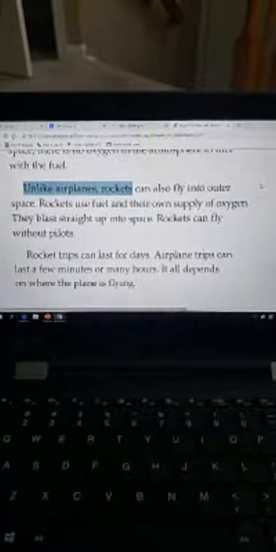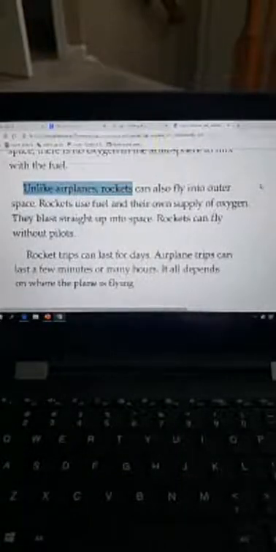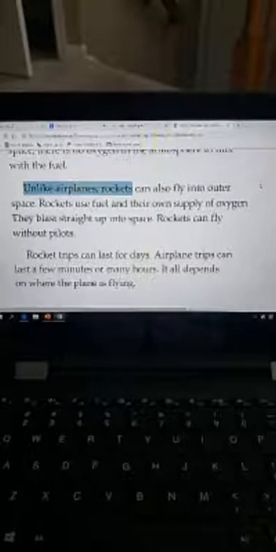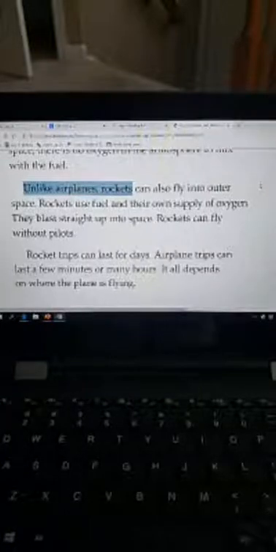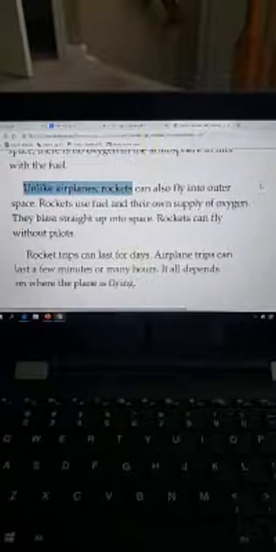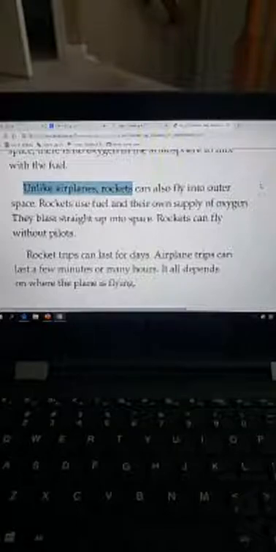Or if you don't want to use the double bubble, you can use a piece of paper. At the top of the paper, you can write airplanes on one side, rockets on the other side, and both in the middle.